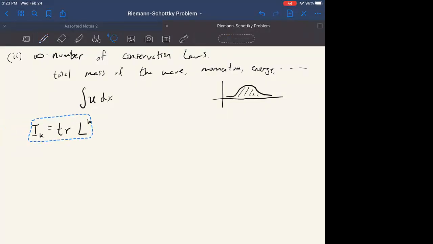Actually, Professor Cummins mentioned the first two: the integral of U, which is the mass, right? And also the energy should be U squared, the whole integral on the whole interval. And the angular moment is x times U, I think, something like that.